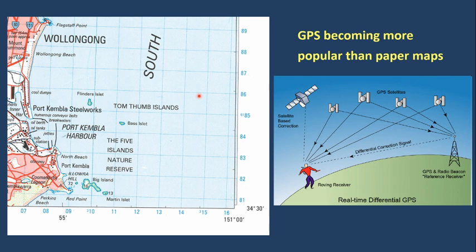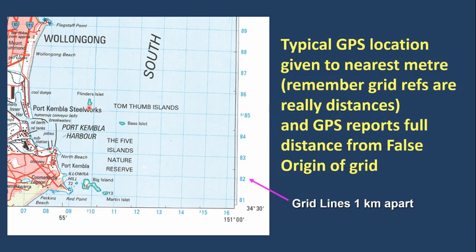So how do we get different values from a GPS versus what we get from using a simple paper map? Well, we discussed a little bit of this before, in that we had to change our map grid. We had to go from the Australian map grid to the map grid of Australia, and so that meant we had slight differences in the actual eastings and northings between different versions of those grids.